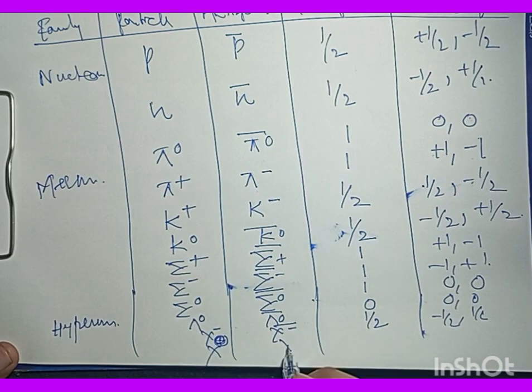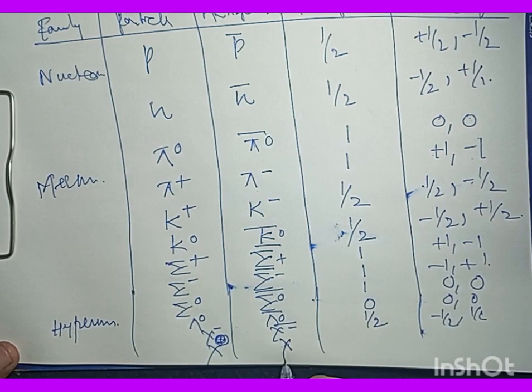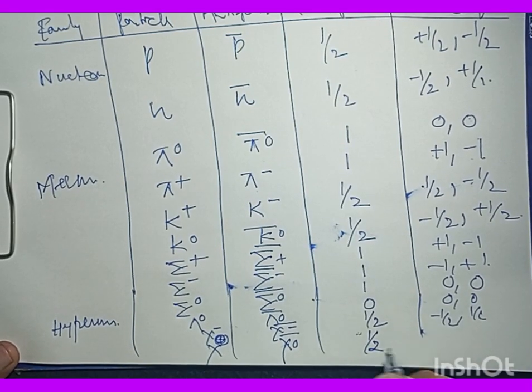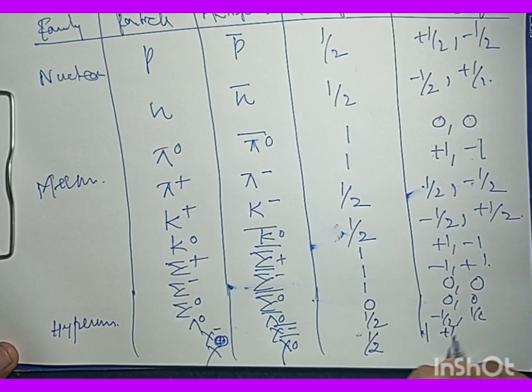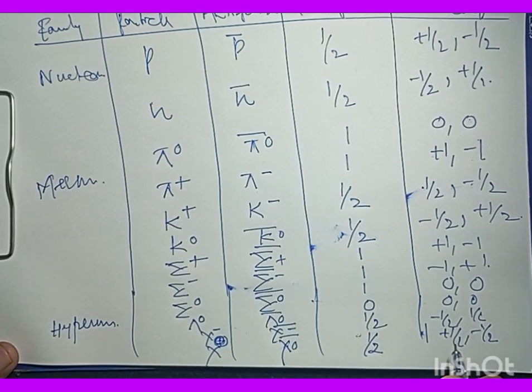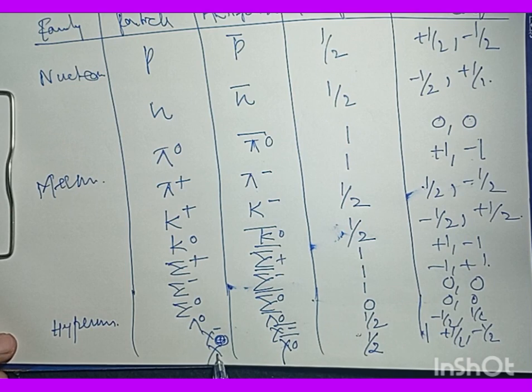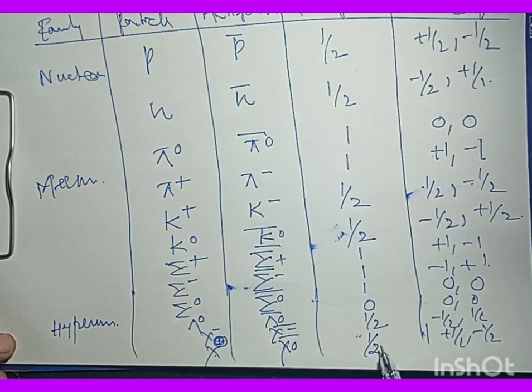So chi neutral, then chi neutral bar, that's going to give us 1/2 as its isospin, and plus half and minus half are the I3 components for chi neutral and its antiparticle chi neutral bar, and its isospin is half, and the I3 components are plus half and minus half.